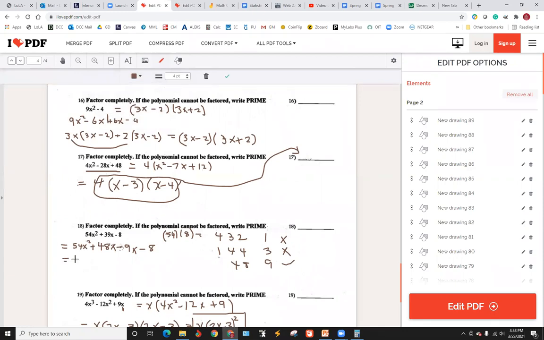So divisible by 3x. So 3x into 54x squared is 18x. And then 3x into 48x is 16, right? Yeah, and that's plus 16.